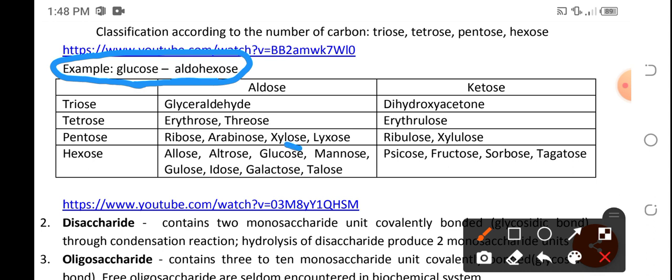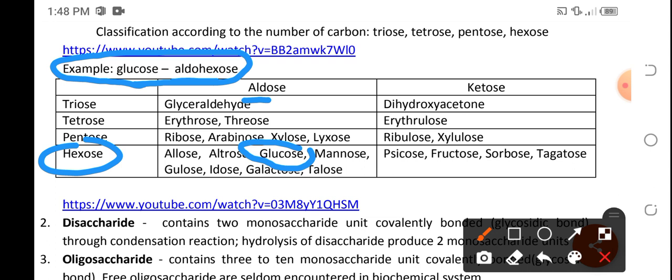So, asan ba si glucose? This is glucose. It is an aldose, at the same time, it is hexose. So, classification according to the number of carbon atoms as well as to the existing functional group.